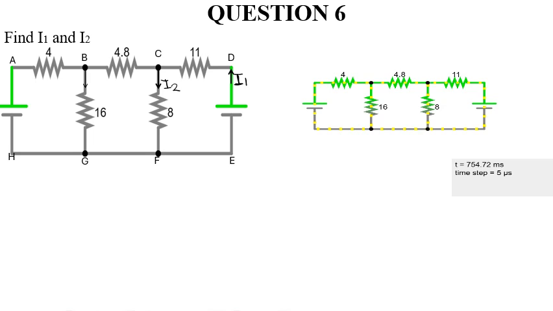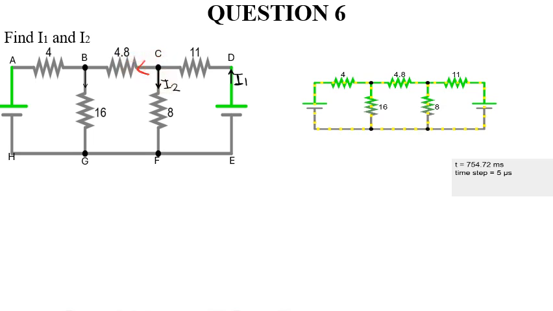So to confirm these answers, I'll apply KCL at this node. So we'll realize that when current gets here, it splits. KCL says sum of current entering is equal to sum of current leaving. So which ones are leaving? I1 here is entering, and these two are leaving.